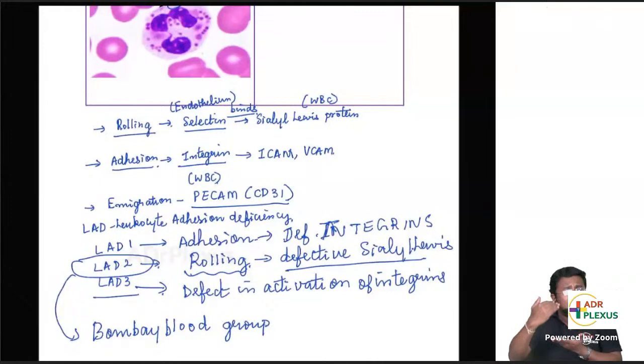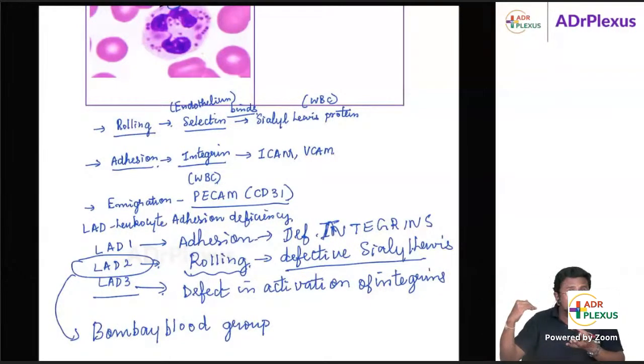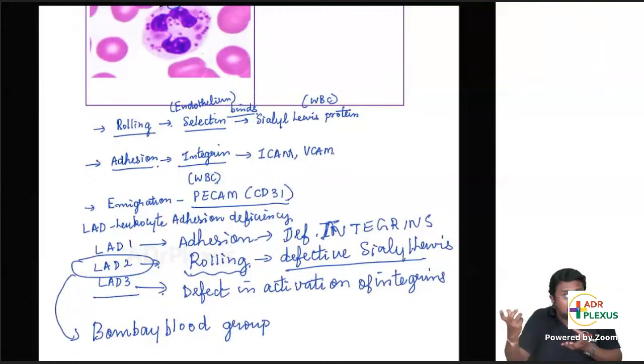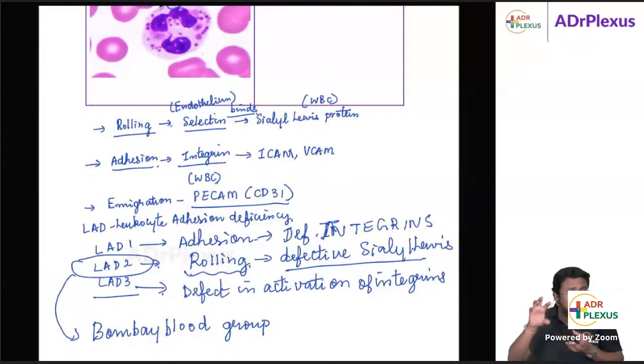Also recollect that these molecules are needed for a cell to come out of the blood vessel. So at the site of infection or at the wound site, you will not see neutrophils, because the neutrophils are not coming out of the blood vessel.